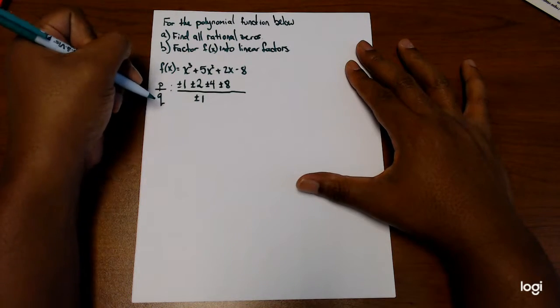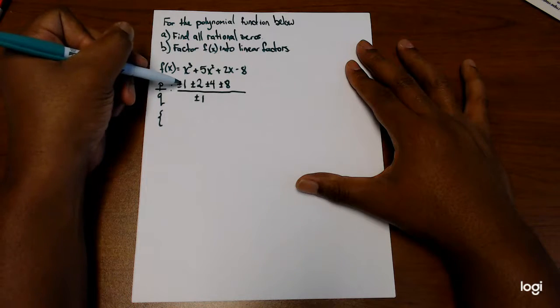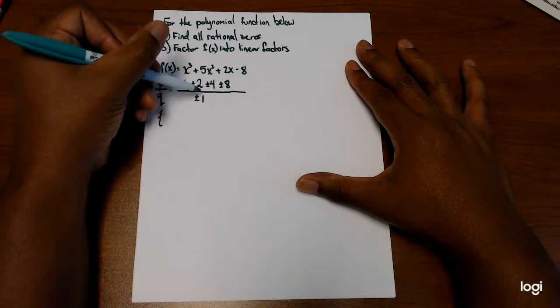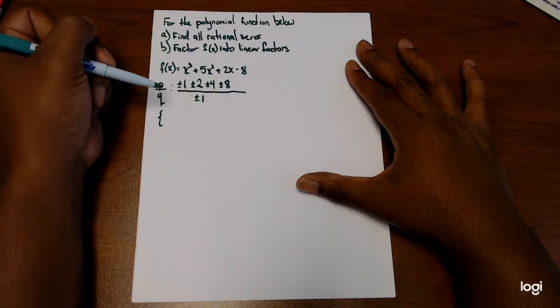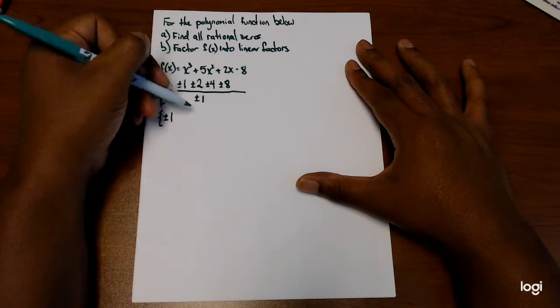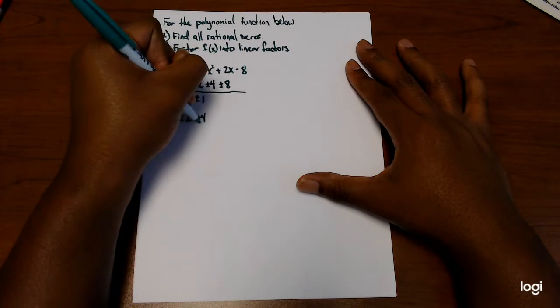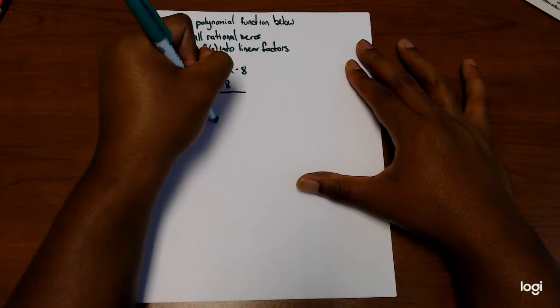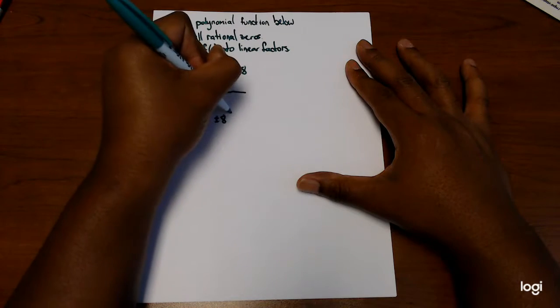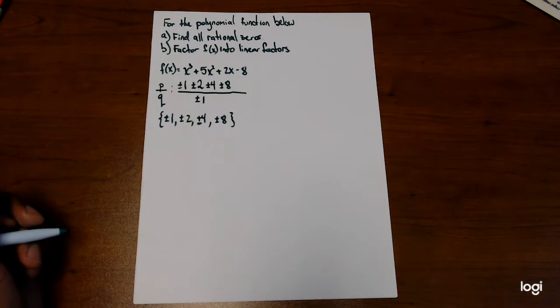How do I turn that into a list of potential zeros? Well, I just take all the numbers in the numerator and divide them by all the numbers in the denominator, which in this case is not super hard because 1 over 1 is 1, 2 over 1 is 2, 4 over 1 is 4, and 8 over 1 is 8. So I have 8 potential zeros.